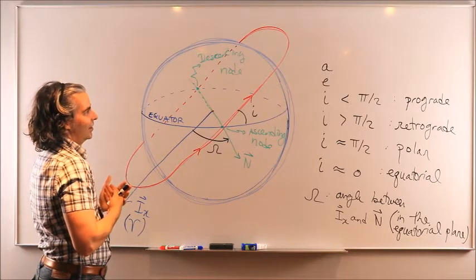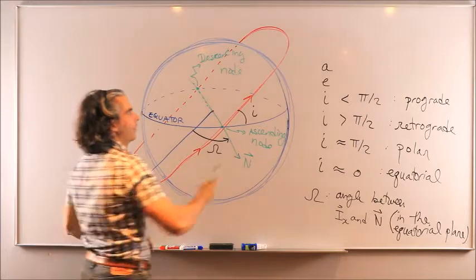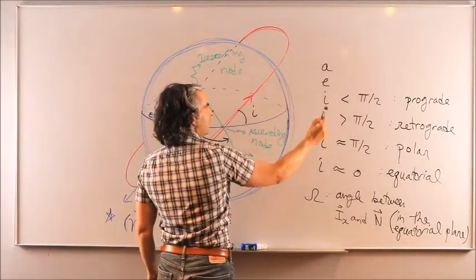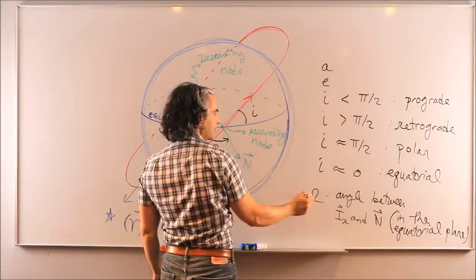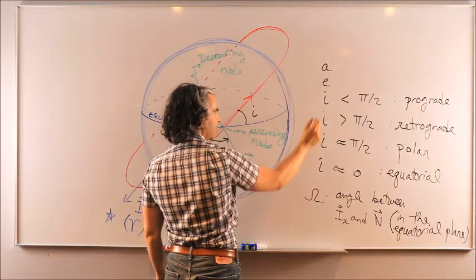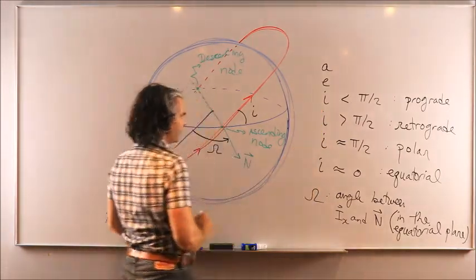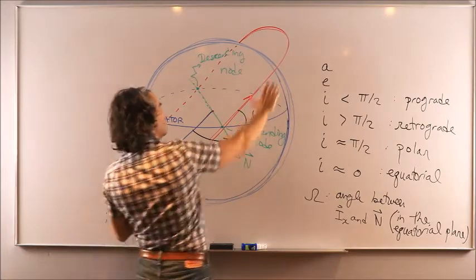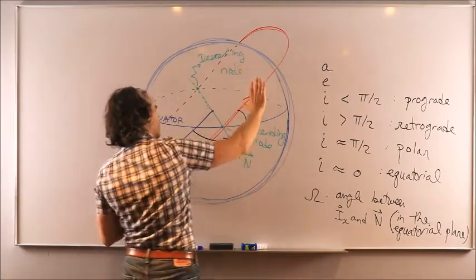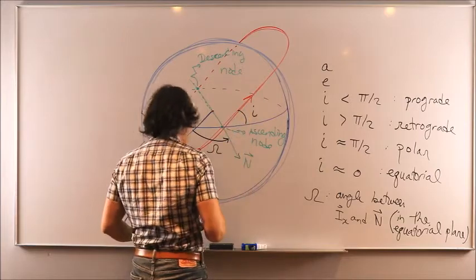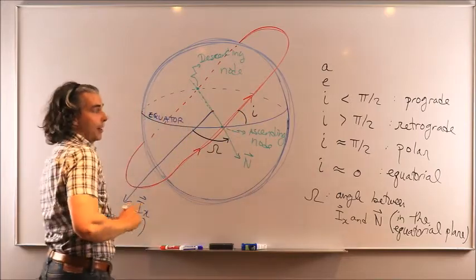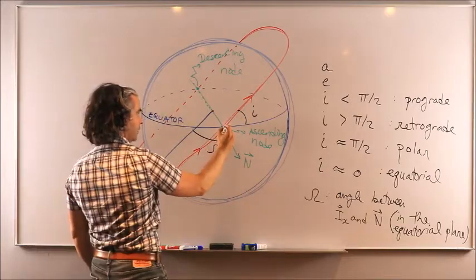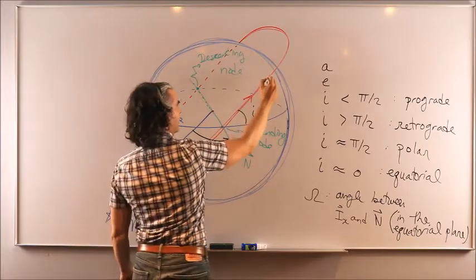Yes. So now we've defined the size, the shape, and the orientation in 3D space of our orbital plane through the inclination and RAAN. But now we need to define, again, the orientation of our orbit in the orbital plane, meaning that we need to define the location of our perigee. Is the perigee here, here, here, here, here, or here?